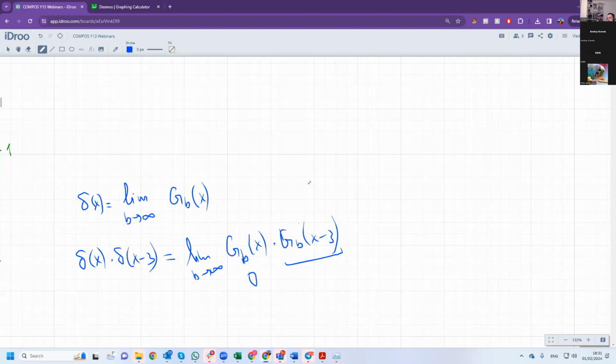So at any point, you have 0 times something finite. We are looking for the total area of 0. At any point, the function is going to be 0. Therefore, the limit is going to be 0.